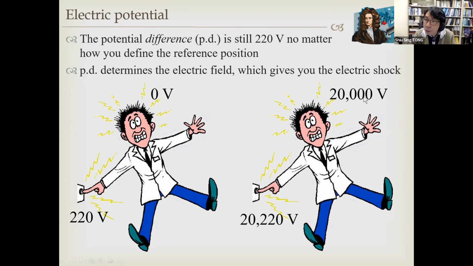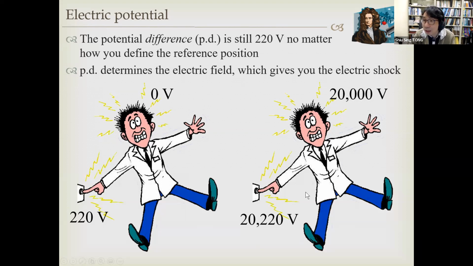Now, if you choose to say, that's a joke, if you choose to use another reference for the potential energy, you call your own body to be at a potential of 20,000 volts. You can do that. You just choose a different reference. But that makes no difference, because if you call yourself to have a potential of 20,000 volts, then the main supply will have a potential of 20,220 volts.